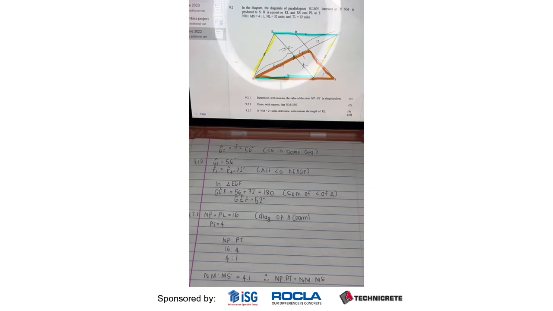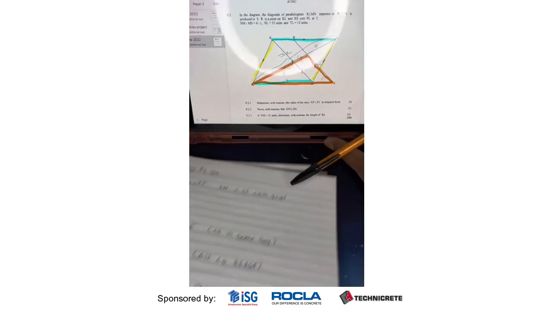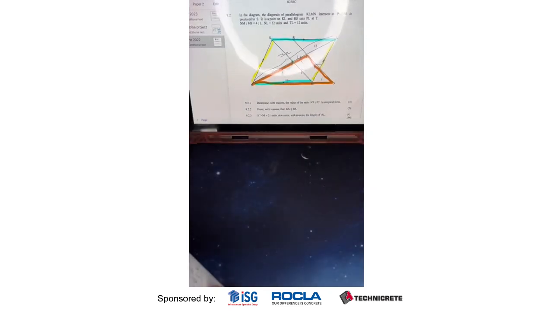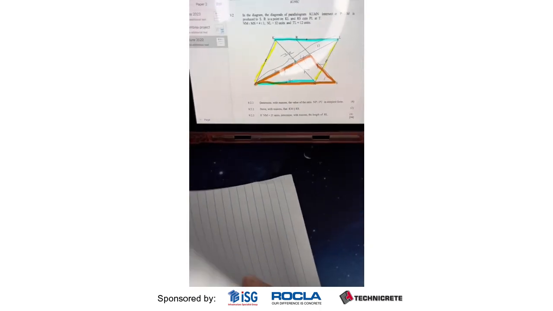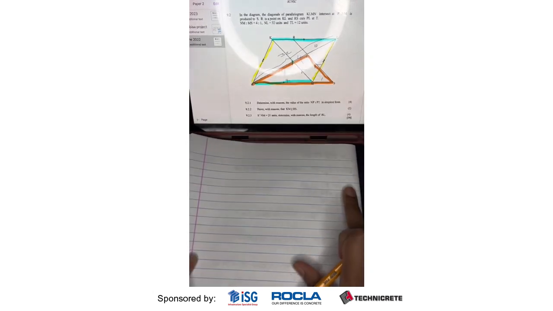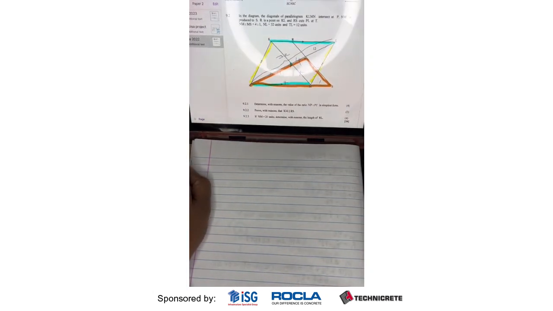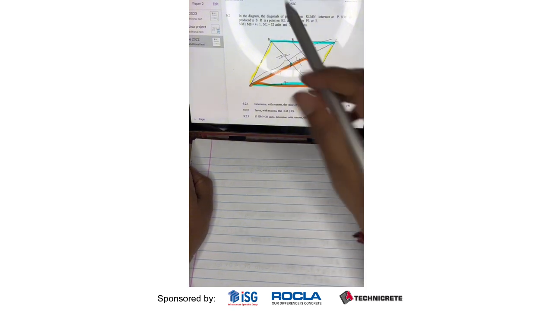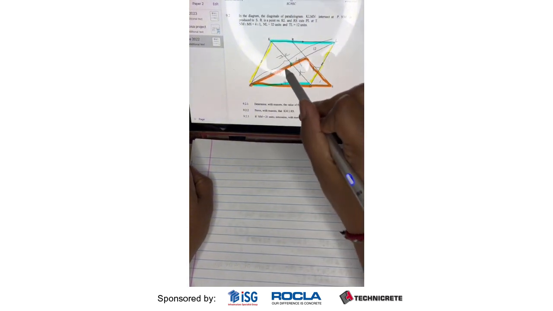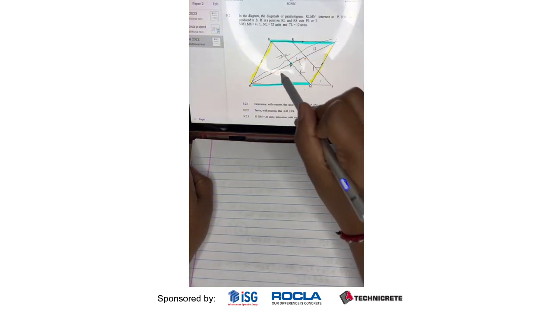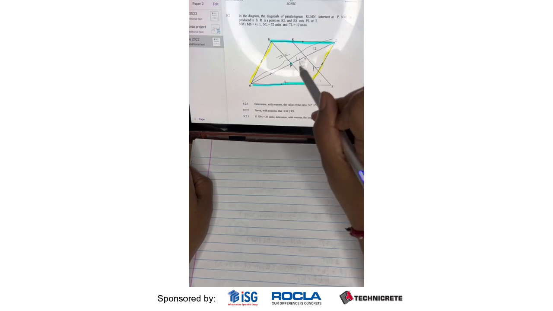Okay, the last question in this section says, if NM is 21 units, so NM is at the bottom here. I'm going to raise that 4 and that 1.